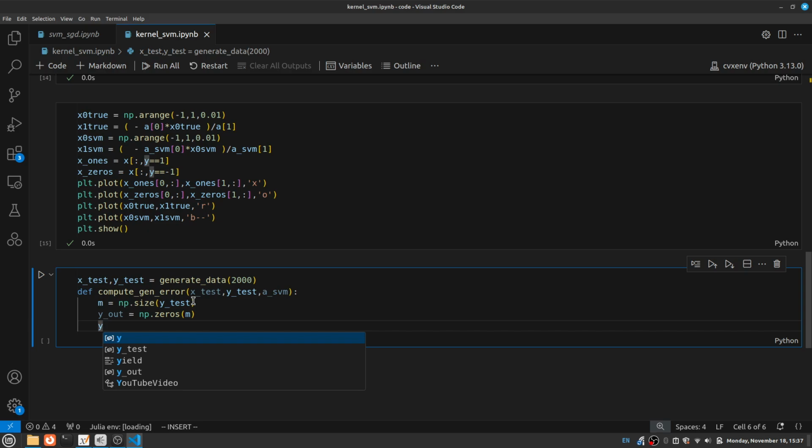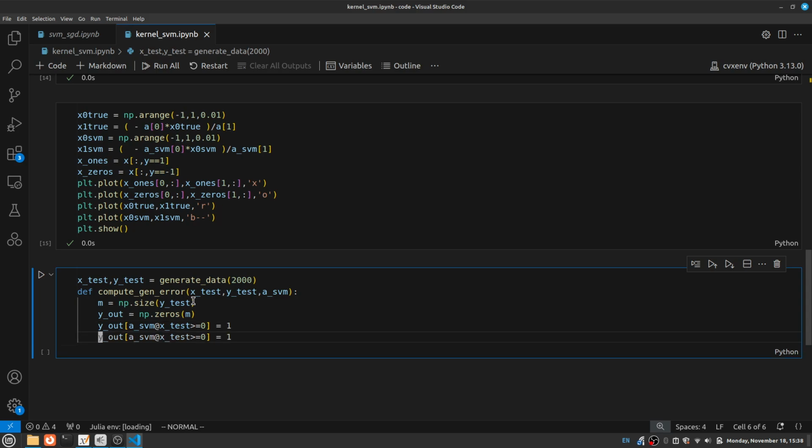So y is, so y is minus 1, step by step. So if a_SVM transpose x_test is greater than or equal to 0, then this is equal to plus 1. And if it is less than 0, then this takes the value minus 1.